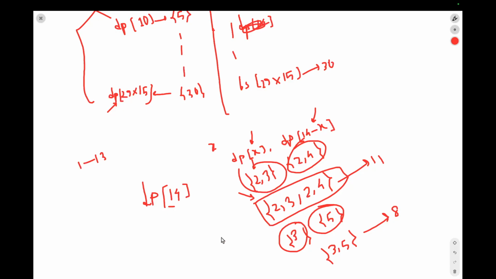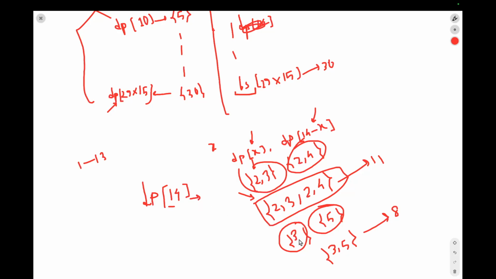Okay, so actually we will calculate from 1 to 13 and see which gives us the best sum answer. Best sum means which is giving us the best bs. So the one that is giving us the best bs, we will take as the answer.